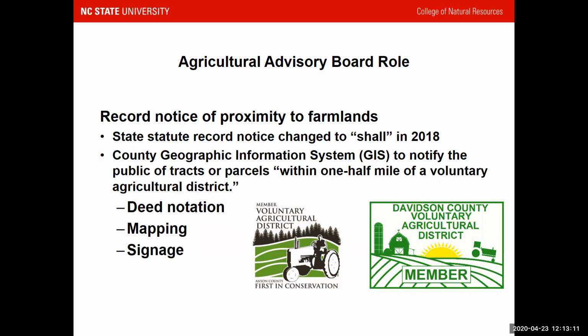And those signs change, but the recording of that notice along with the deeds allows future owners to know that they're in a voluntary ag district. And so tractors on the road or plowing or late night machinery use, especially during harvest time, may be part of what they're signing on to. So a small but an important part of protecting that rural way of life, or at least the farming life in developing areas.